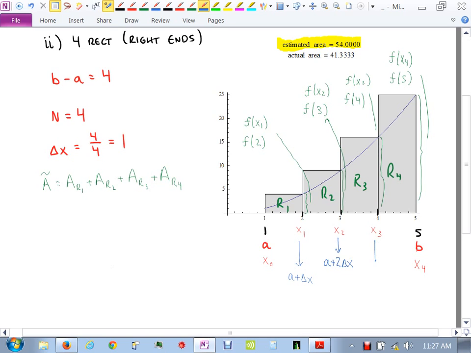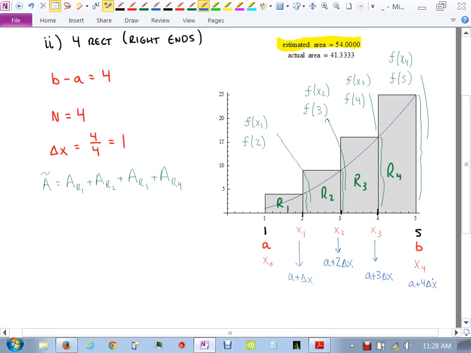Okay, what about x3? A plus 3 delta x's. And finally, a plus 4 delta x's. That's going to be vital in just a little while, to see that each one of those points can be written as a plus however many jumps you are to get there.